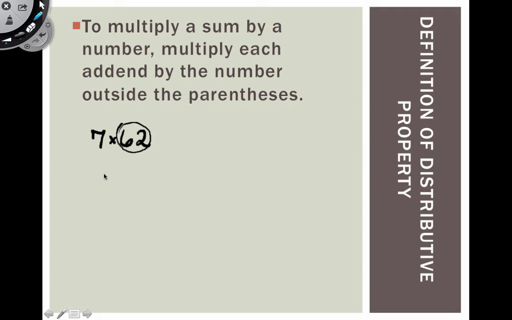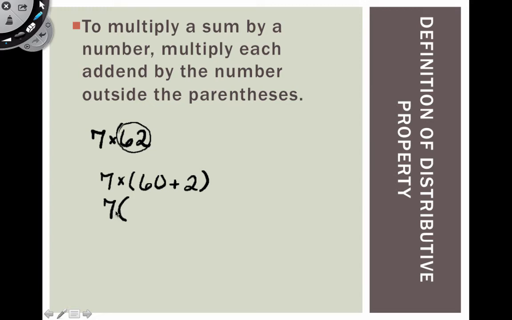So we could multiply 7 times (60 plus 2). Another way you might see that is with the 7 glued to the parentheses. And note that if you ever see any number or variable glued to parentheses, there should be a multiplication sign in there.